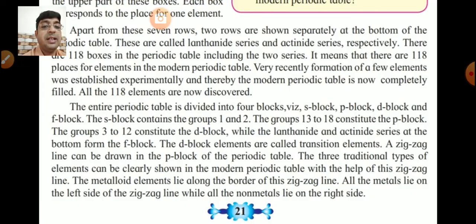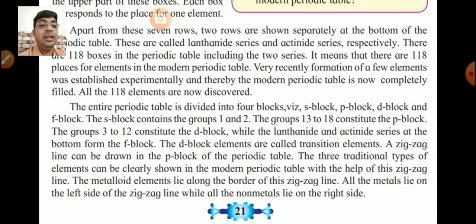A zigzag line can be drawn in the p block of the periodic table. The 3 traditional types of elements, that is metals, non-metals and metalloids, can be clearly shown in the modern periodic table with the help of this zigzag line.